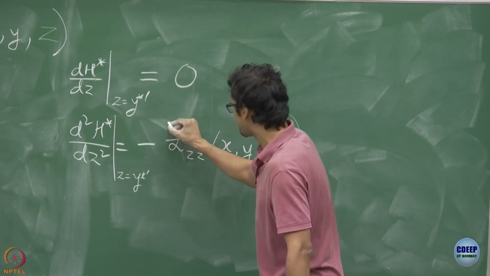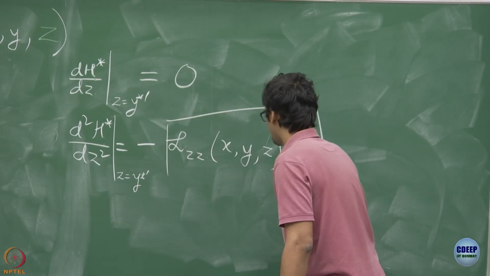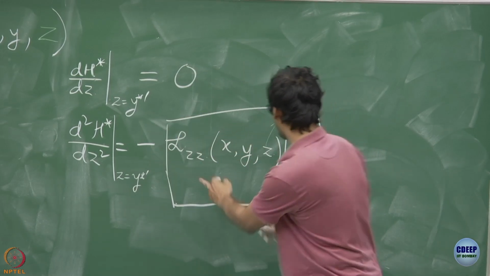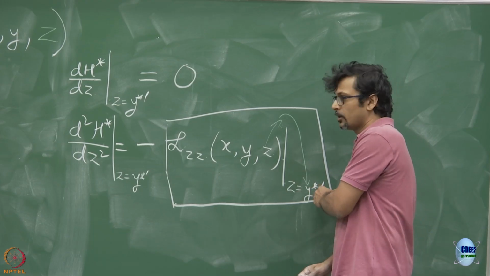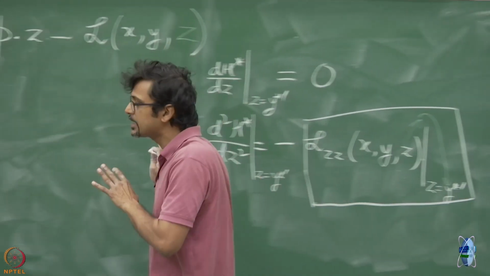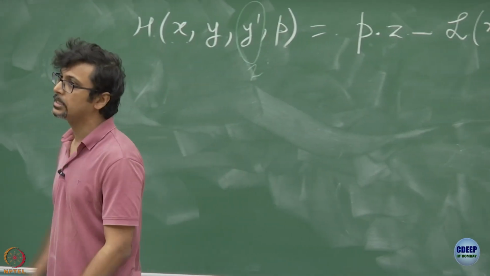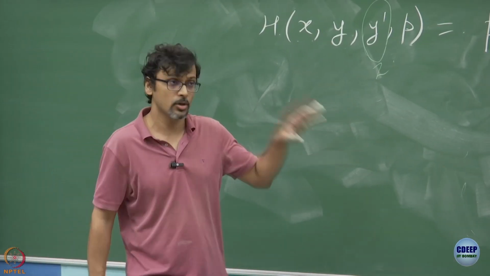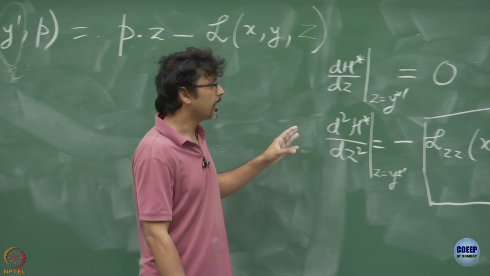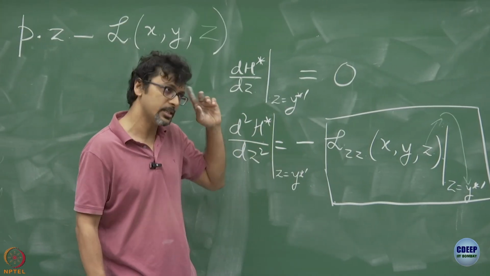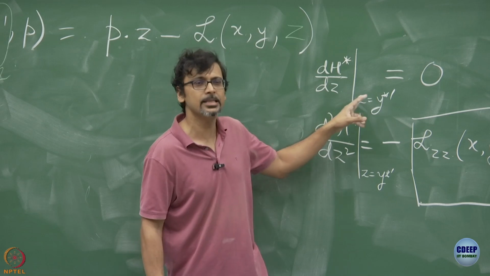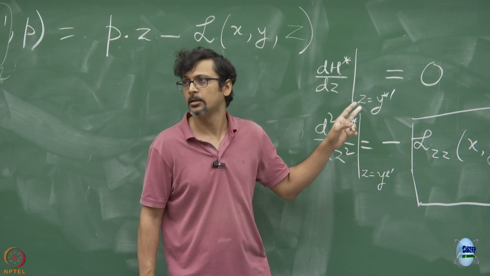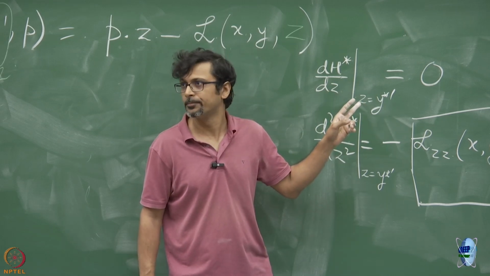So it seems like a lot rests on the sign of this object evaluated at z equal to y star prime. Okay, we shall see by the end of this lecture that this is the really crucial detail that we will try to wrap our heads around. So our goal is to get an idea about the veracity, or at least in our minds to get a hint about the fact that this is indeed a maximization of the Hamiltonian that's happening as you choose the optimal curve.